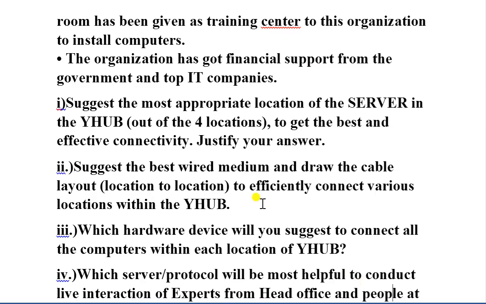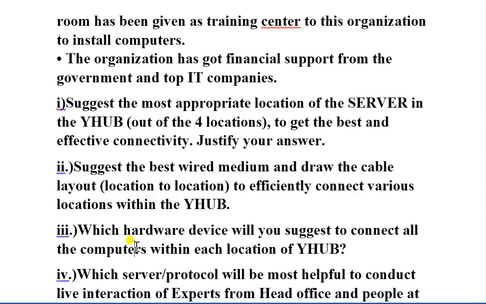Now, these are the four questions. First one, suggest the most appropriate location of the server in the Y hub. So you have total 4 locations. You have to just give which one is the location of the server in the Y hub, so that the best and most effective connectivity should be there. And you have to also justify your answer. Question number second, suggest the best wired medium and draw the cable layout to efficiently connect various locations within the Y hub.